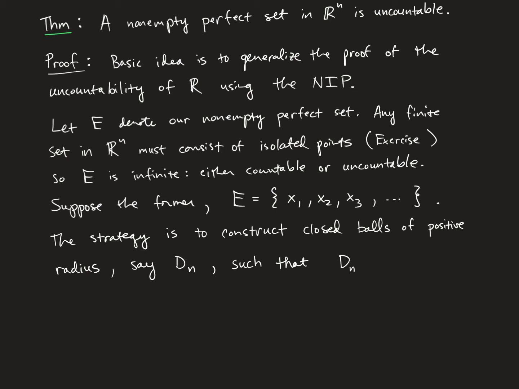So Dn contains Dn plus 1, xn is not in Dn, and Dn intersect the set E is not empty.